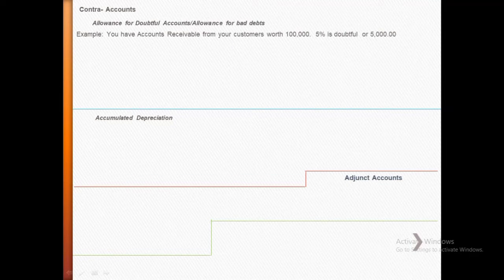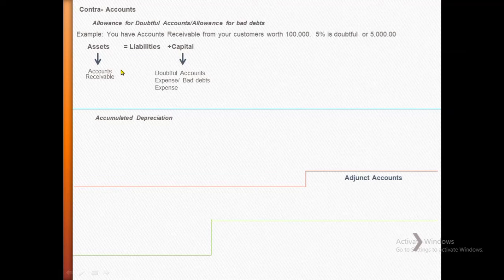I told you in the past video that the effect of this transaction on the A = L + C is a decrease in the capital due to an expense, and of course a decrease in asset. And actually, this expense is what we call the doubtful accounts expense or the bad debts expense. And this decrease in asset is a decrease in the accounts receivable.